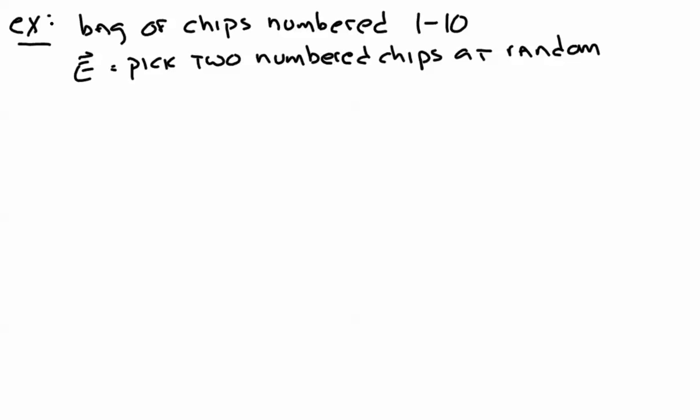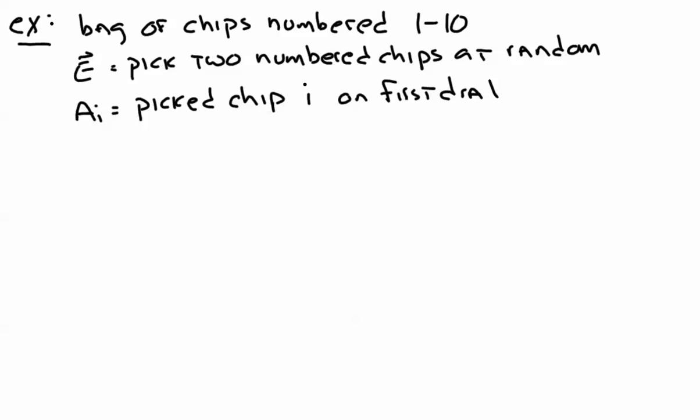And I'm going to define some events here. A sub i equals the event that we picked the ith chip on the first draw. Let's call that the first selection.